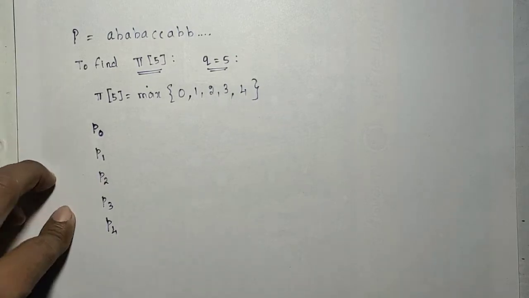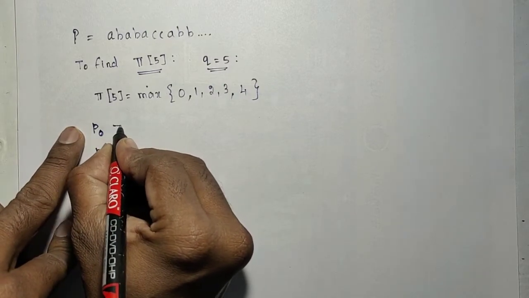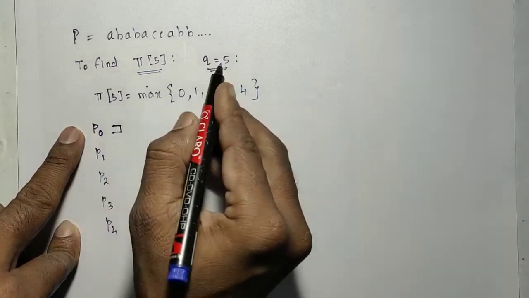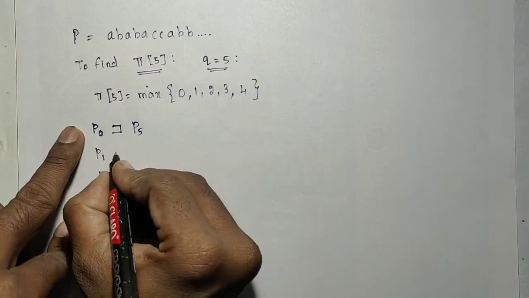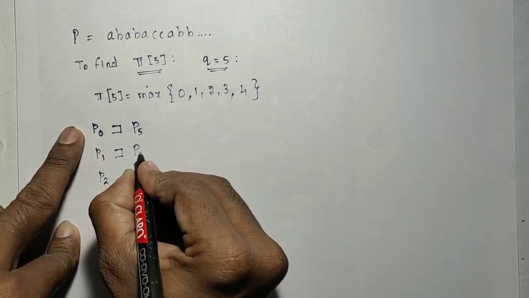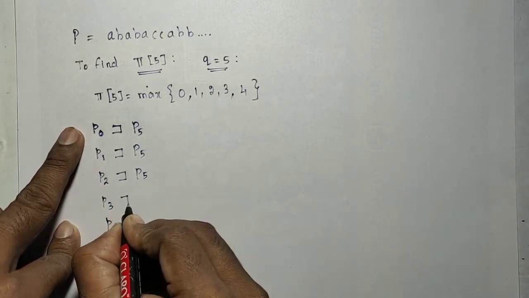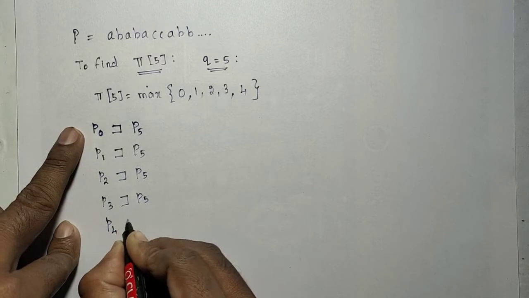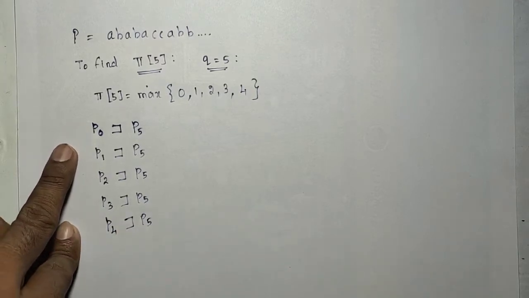Okay, so we need to check whether p0 is a suffix of pq. Pq is what, p5. So I need to check whether each of these is a suffix of p5, like that I need to check.